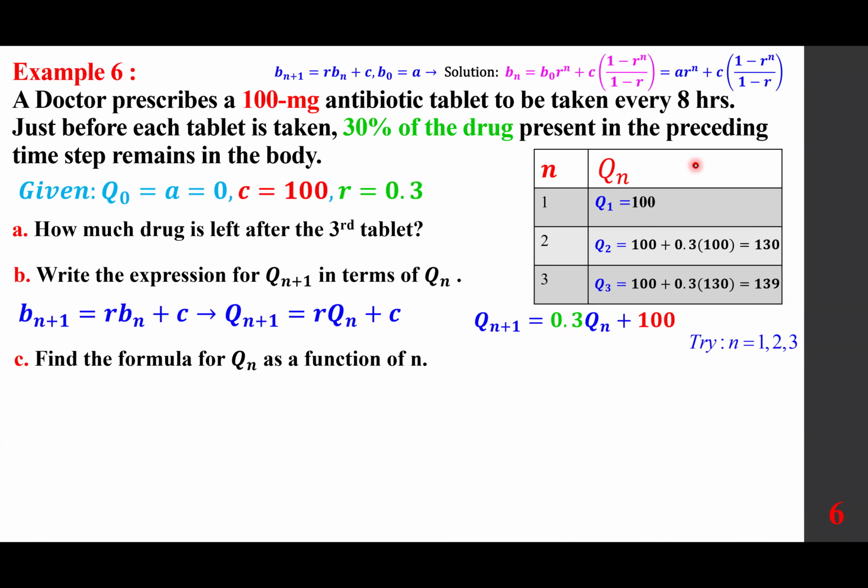Find the formula for Q sub n. We first change the B sub n to Q sub n. And then we go back to the given. Replace the Q sub 0 with 0, lowercase c with 100, and R with 0.3. Of course, 0 times 0.3 to the power of n is 0.